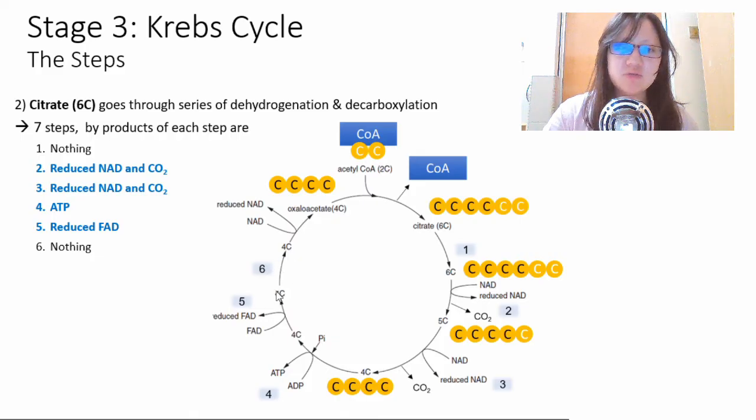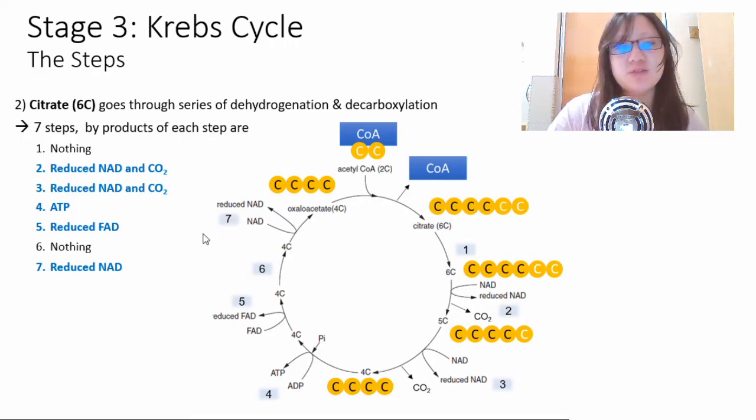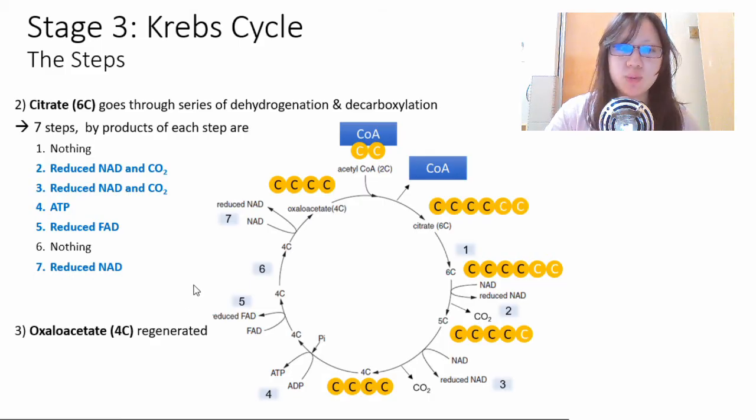Then number 6 is really nothing you can see. And number 7 here is where reduced NAD is formed. Now 7 is the number of completion, which means we are complete with our 7 steps, and it has regenerated back into a 4-carbon oxaloacetate.